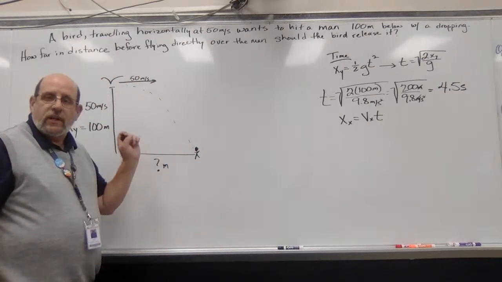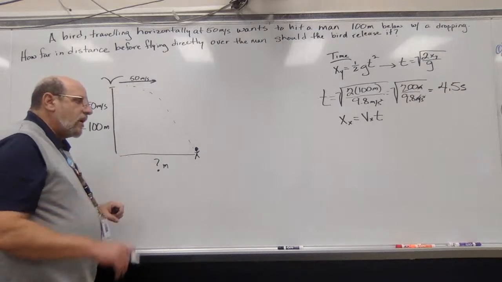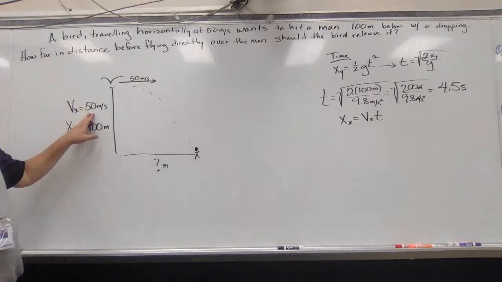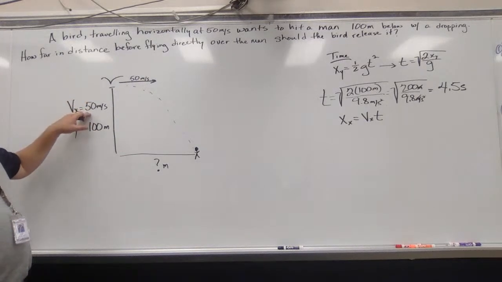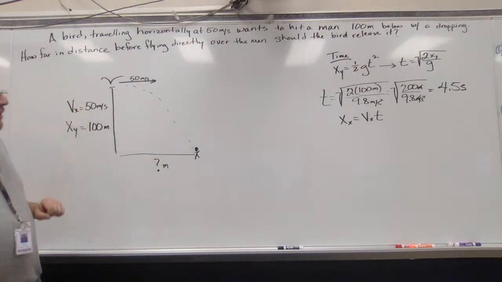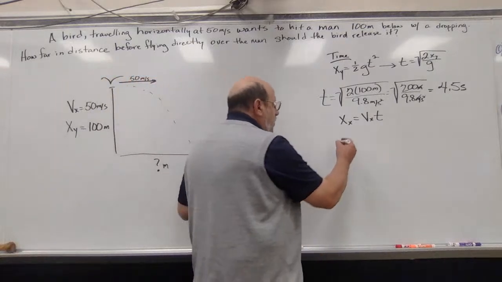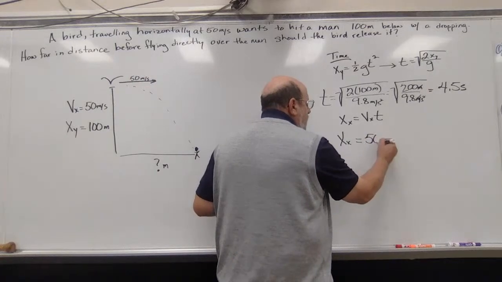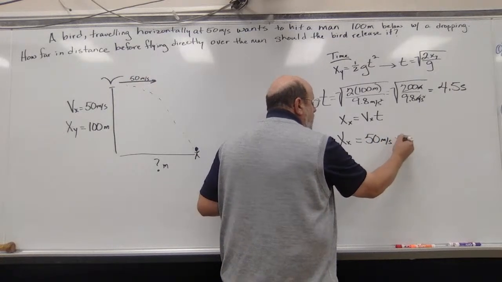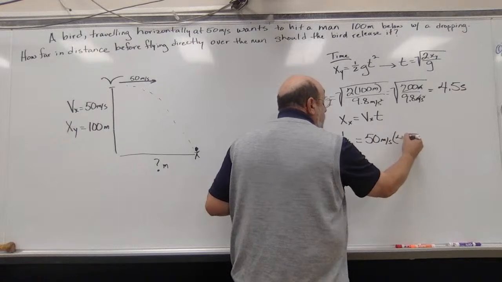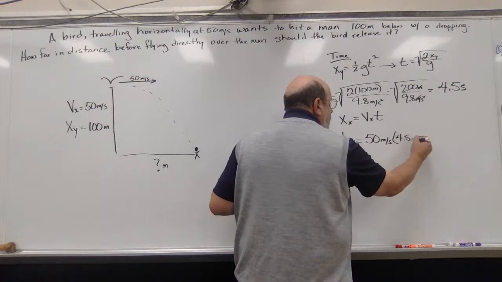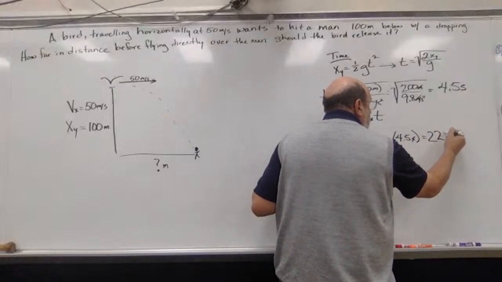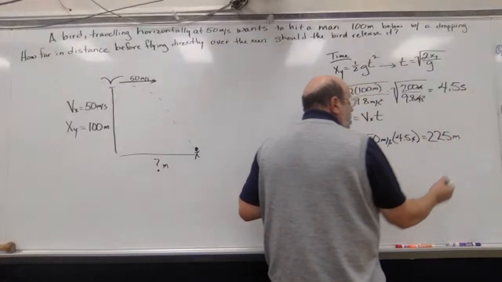So this bird can estimate how far it is that they need to release this. My horizontal velocity, of course, was given in the problem as 50 meters a second. So if I just solve, I have 50 meters a second multiplied by those, and what I'll end up with is 225 meters.